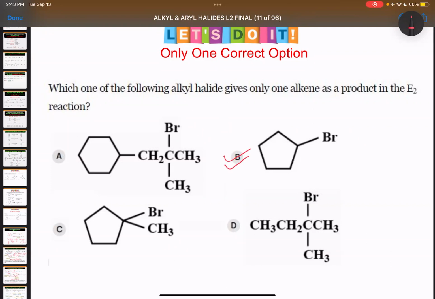And which one will give you the maximum alkenes? How many alkenes will be obtained by A, B, C, and D? A, we can obtain 3. A will give you how many different alkenes? No, only 2, because these two are the same.